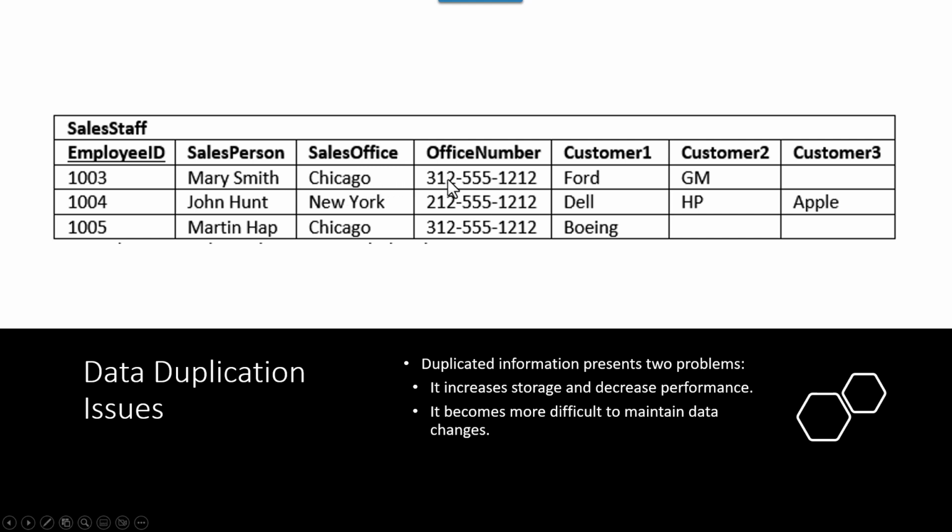As this database grows larger and larger, and you can think of a very large organization like a Fortune 500, Ford Motor, Citibank, there's going to be lots of redundant information in the database just because we keep repeating information. So it's going to increase storage, decrease performance, and it becomes more difficult to maintain data changes.